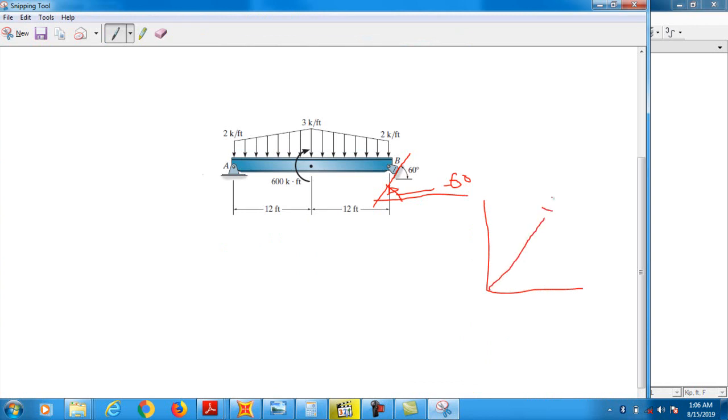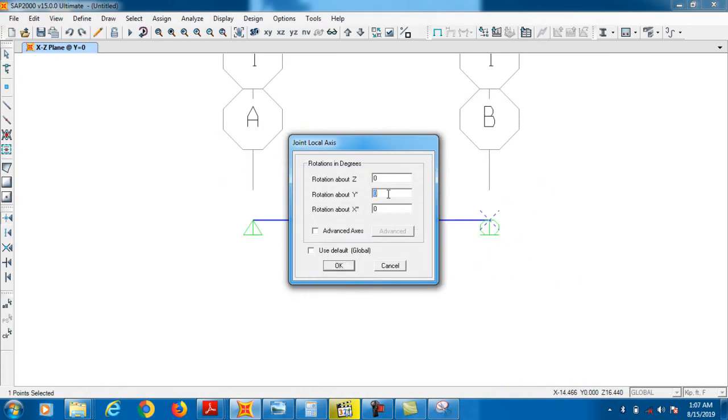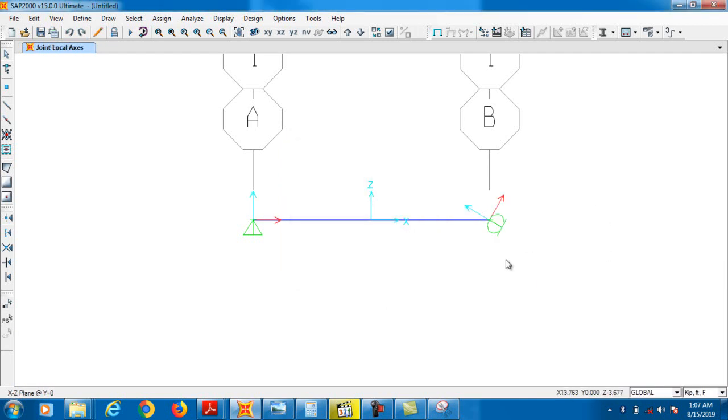We need to rotate this joint not about the x-axis and not about the y-axis, sorry, about the z-axis, by an amount of 60 degrees. So there we will insert minus 60 degrees. So this is the joint.